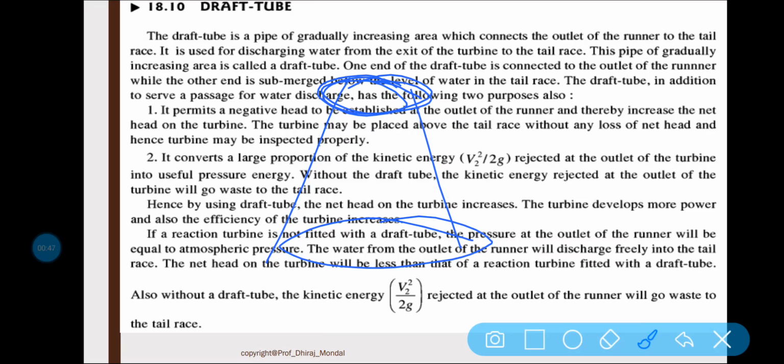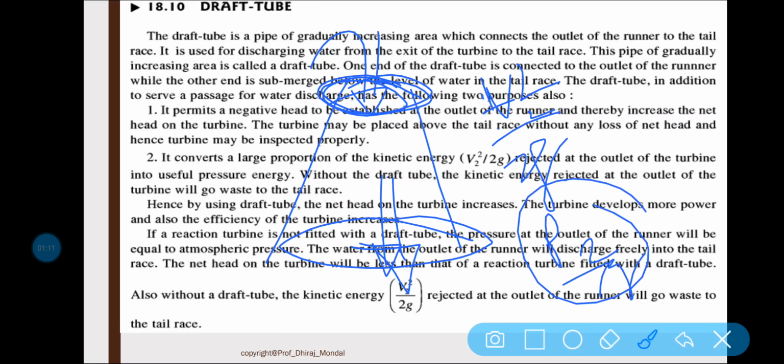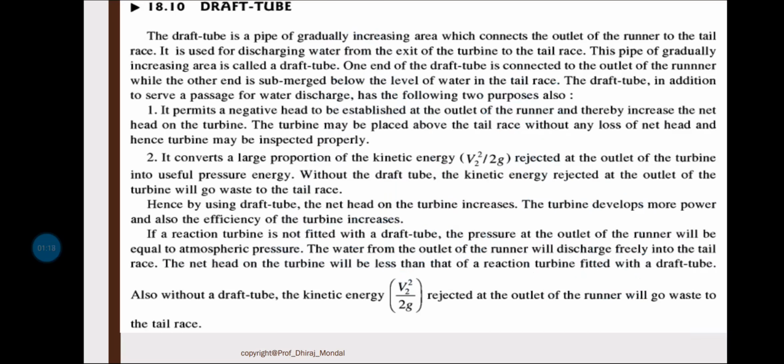It discharges the water coming out from the turbine outlet and also increases the pressure head at the expense of velocity head. It is also used to increase the net head of the turbine.